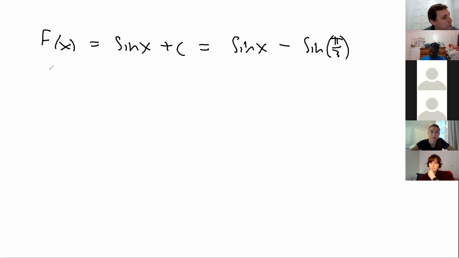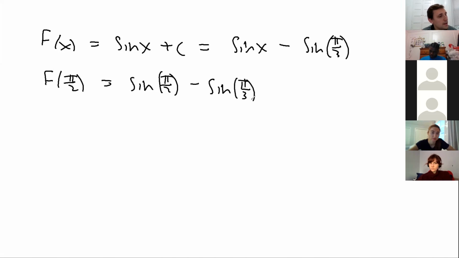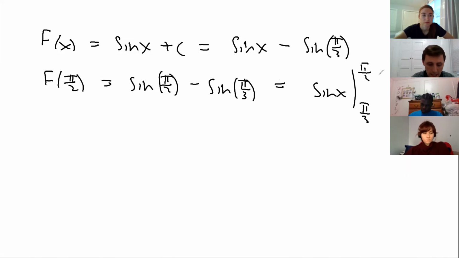And then I want to calculate what's the function at pi over 2. So that means just simply sine of pi over 2 minus sine of pi over 3, which is the same, guys, as sine x evaluated from pi over 3 to pi over 2, because that shortcut procedure is the fundamental theorem of calculus doing its job.